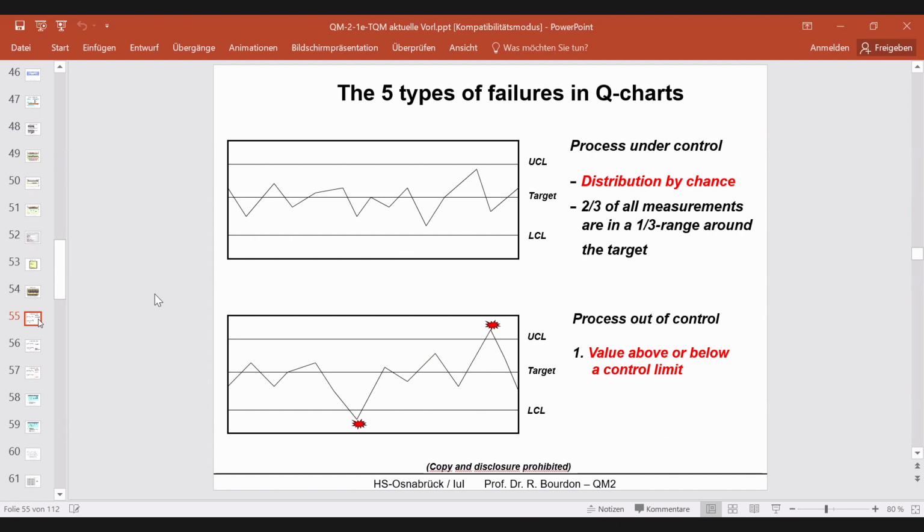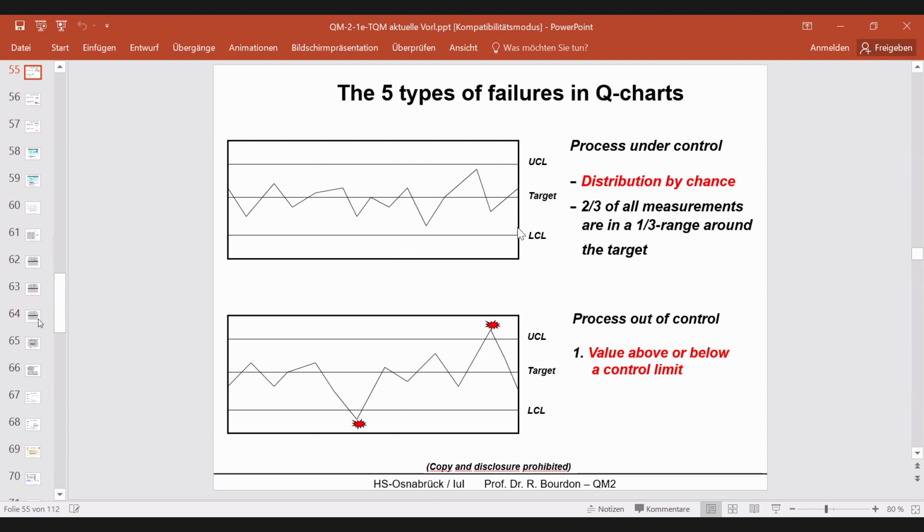Well, there are 5 types of failures in quality charts, and if you have a computer-aided quality system, the computer gives you an alert if one of these 5 types of failures occurs. The first quality chart here on this sheet shows the process under control. Here you have a distribution, by chance, a random distribution.